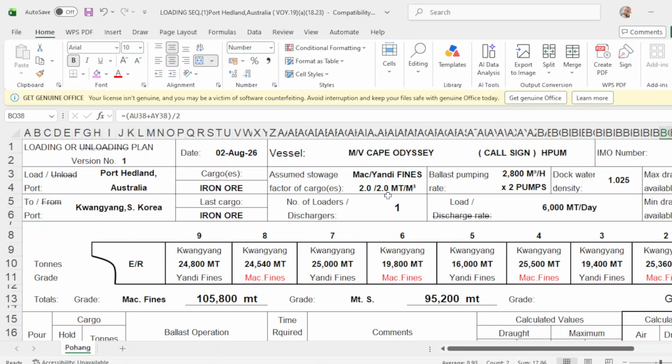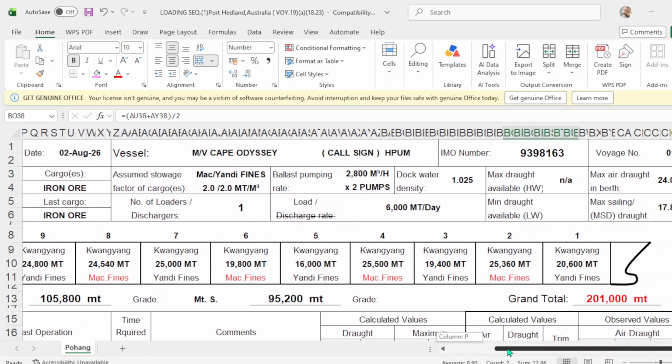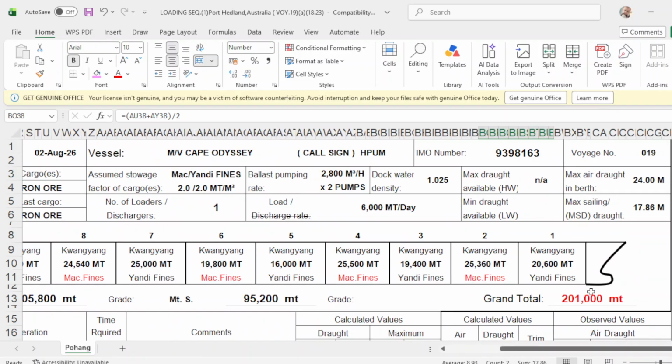The grade of the cargo has three: Mark Yandy fines, two fines. Mark and Yandy fines. There's one loader and the local density is 1.025, and the total amount of cargo to load is 201,000.